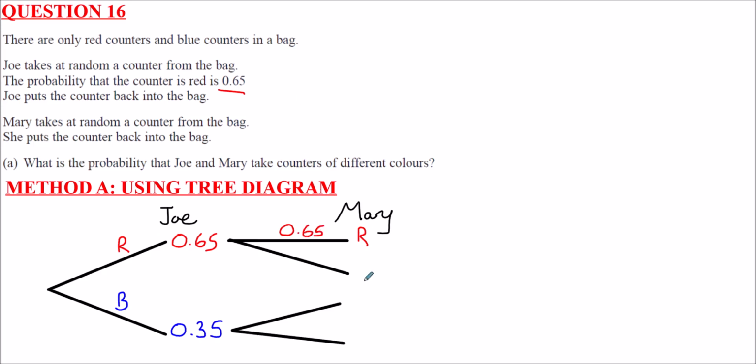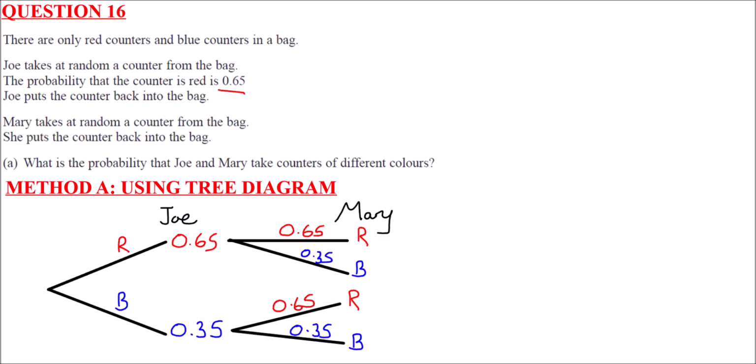Or if Joe picked a red, she could then pick a blue, which should have a chance of 0.35. Same as if Joe had picked a blue to begin with, Mary could then either pick a red or a blue. Chance of picking red is 0.65, same as it was for Joe, or the chance for picking a blue is 0.35, as it was for Joe.